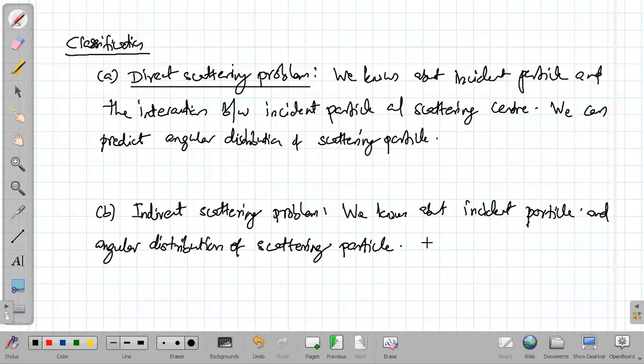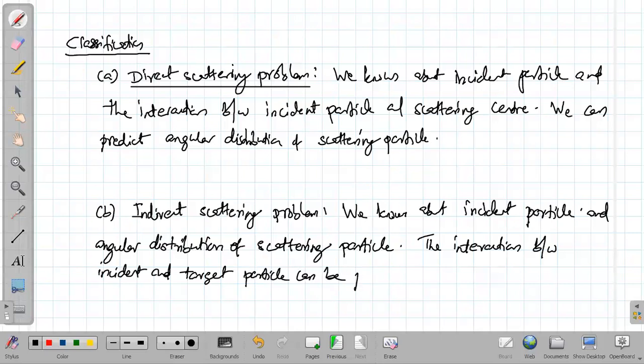So the interaction between the incident and the target particle can be predicted. In other words, we get information about the scattering center.